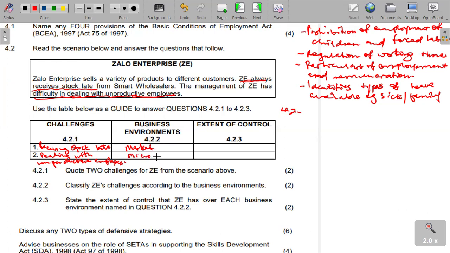And then the next question wants us to talk about the extent of control that ZE has over each of the business environments named above. In terms of the market environment, because it is external, businesses sometimes have partial control, that is, limited or little control.